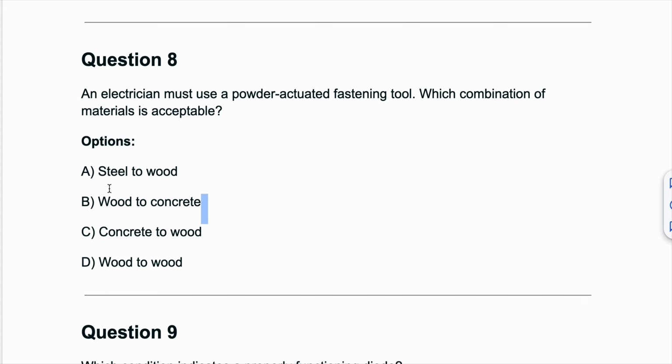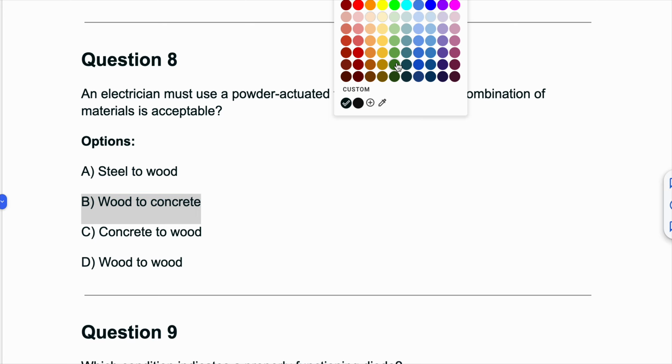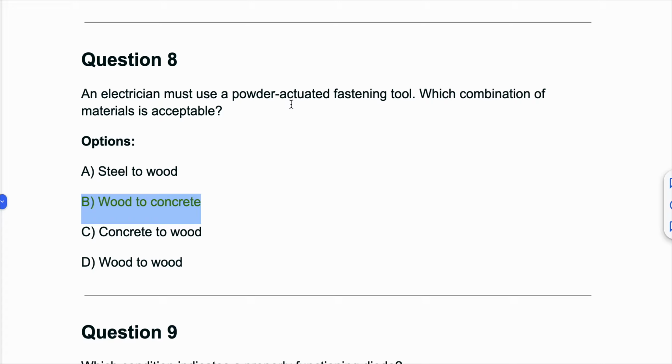So steel to wood is not correct. This one is the answer, just this one, because of the powder-actuated fastening. This powder is a chemical powder that combusts and makes a big energy to push, for example, wood into the concrete.